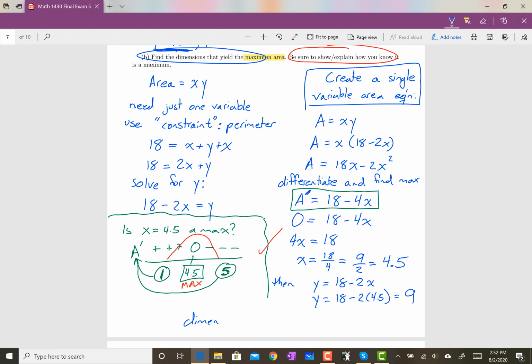Our dimensions need units, and we were using feet because we were told we had 18 feet of wall material. So our dimensions are 4.5 feet by 9 feet. A decent size cubicle for this company.